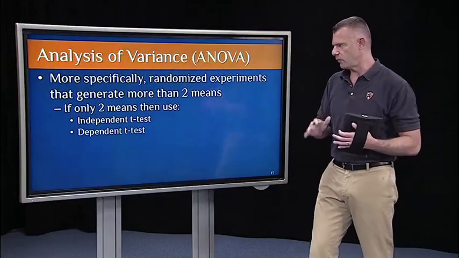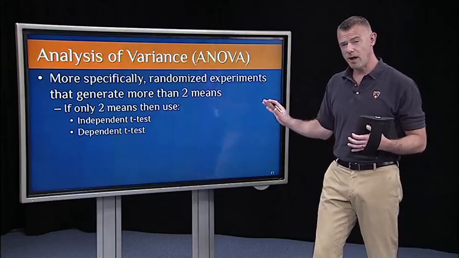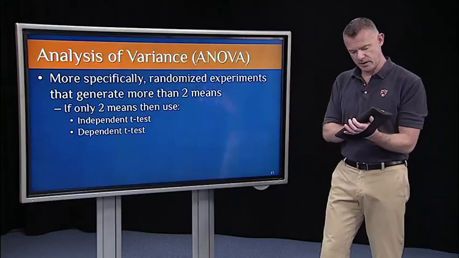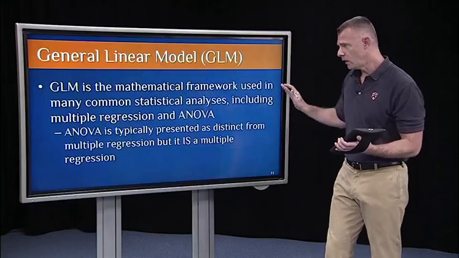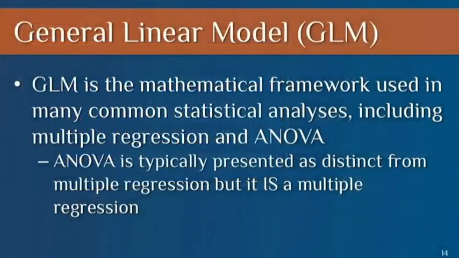Again, I just wanted to pause before we went into that to demonstrate that the general linear model accommodates all of these kinds of analyses. So to sum up this segment, the GLM is just the underlying mathematical framework that we're using, not only for multiple regression, but also going forward for things like ANOVA and factorial ANOVA and t-tests.